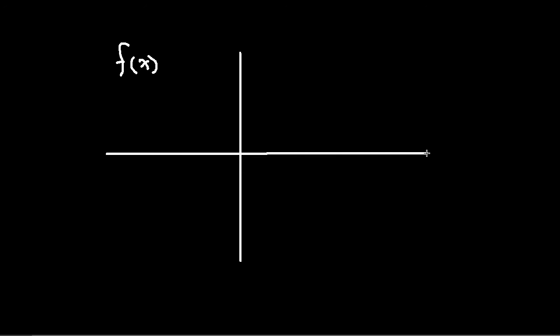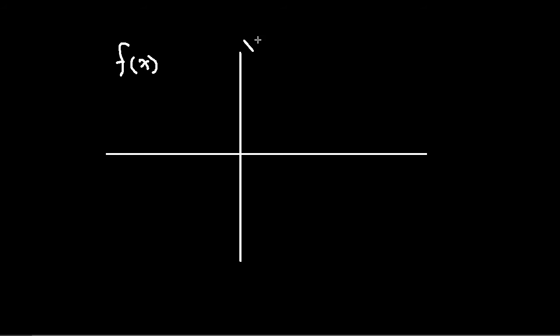Let's talk a little bit more about even and odd functions, building on what we did last time. Now let's suppose that we have a function f of x. To review what we talked about last time, the function f of x is even if the function is symmetric across the y-axis.